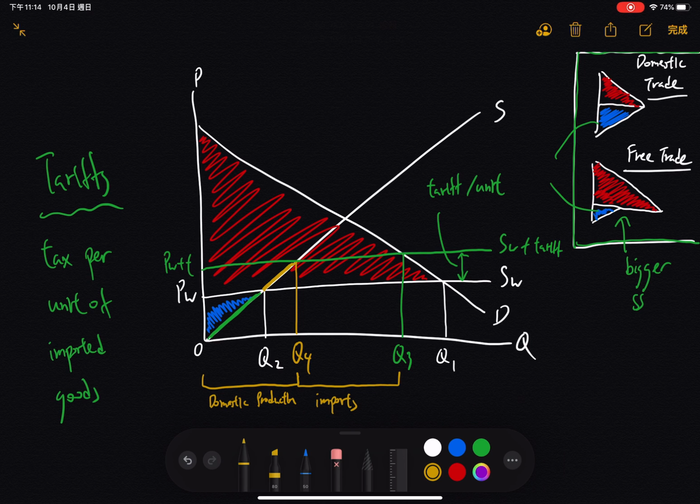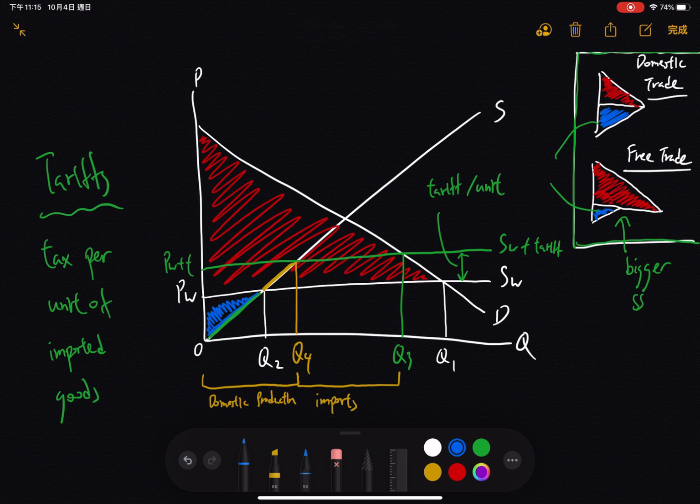And you know what? It's always important to know what happened to the CS and PS as well. So now when we look at the new CS and PS, let's start off with the PS. Because of the higher price generated by the tariff, the original survivors, those people here, can now get more benefits because of the higher price.